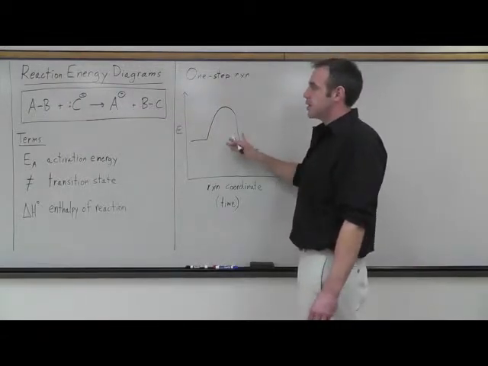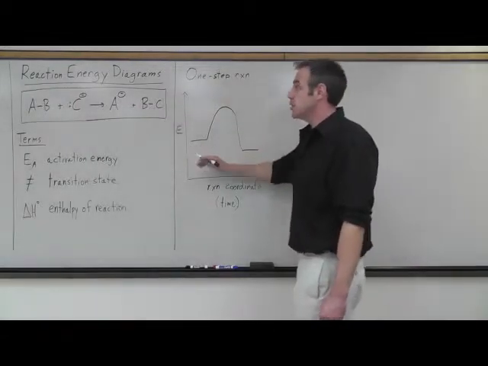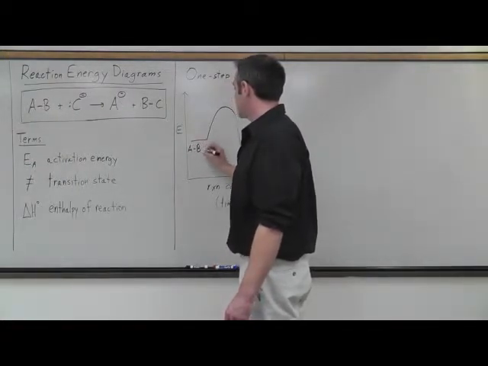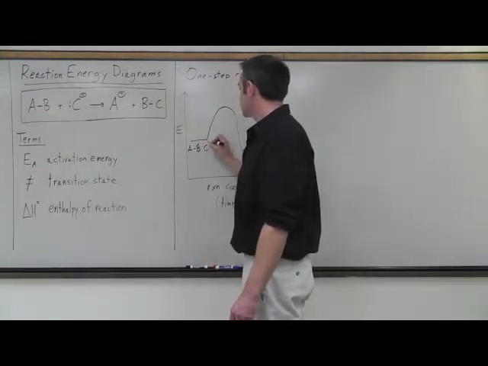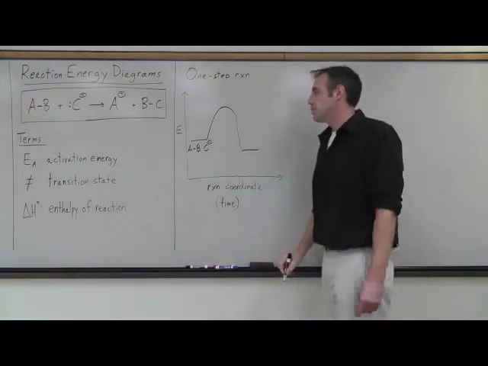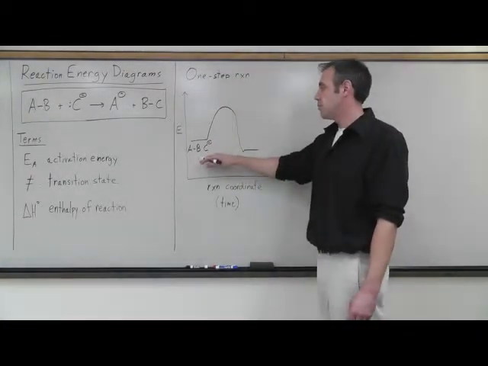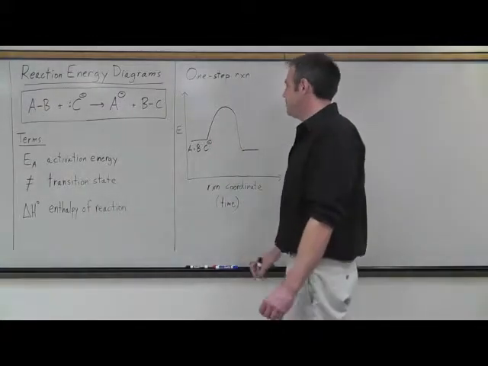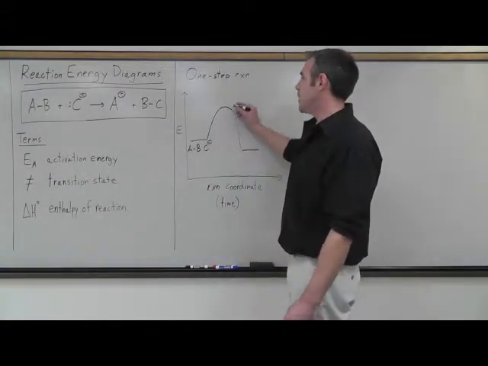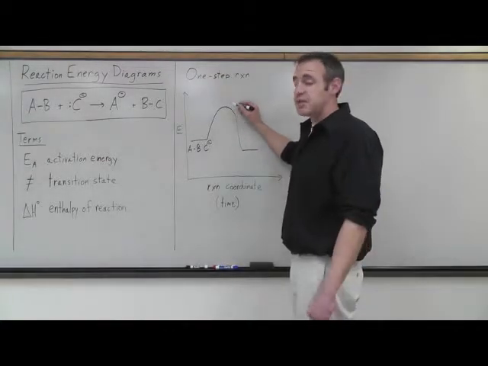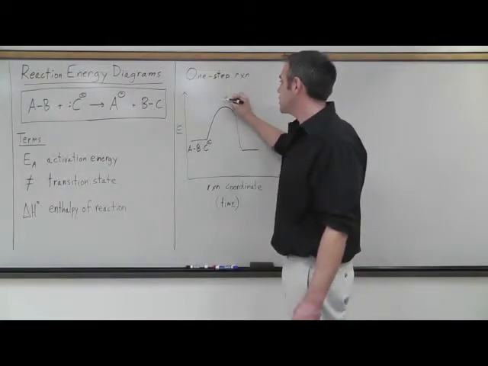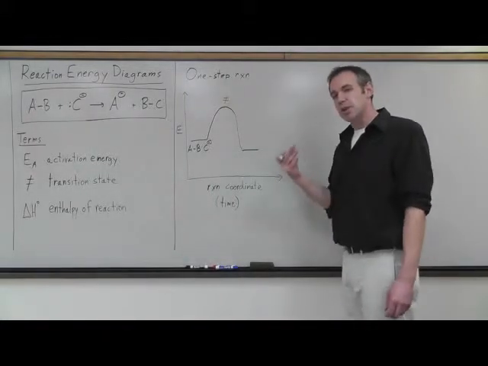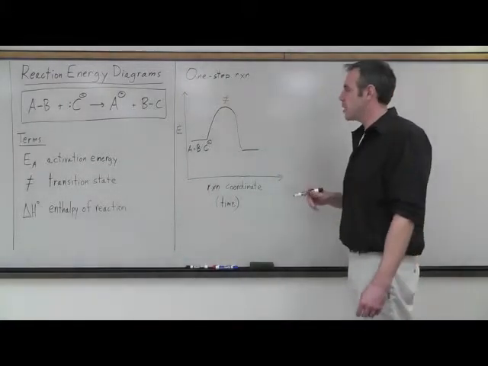In our one-step reaction, we start with reactants here: A bonded to B, and anion C. Up at the top of this hill, the highest energy point, is the transition state. We'll think about what that looks like after we draw in the products.